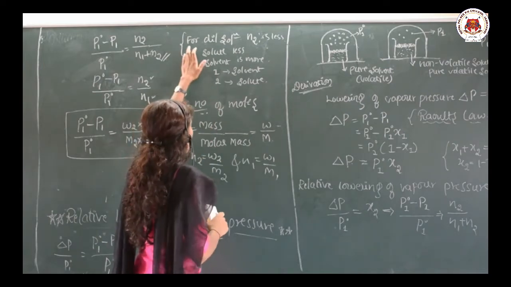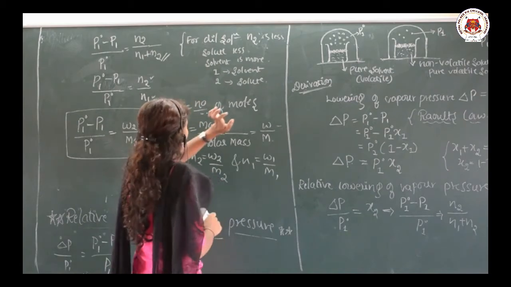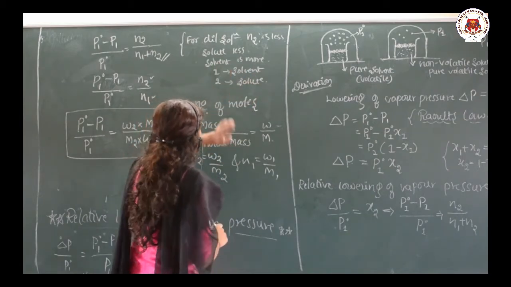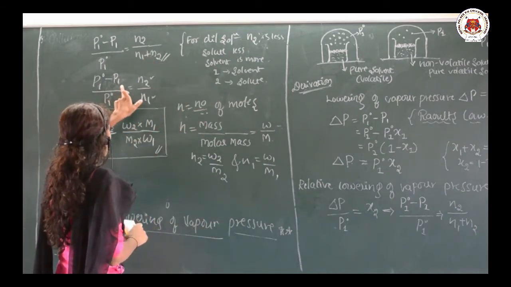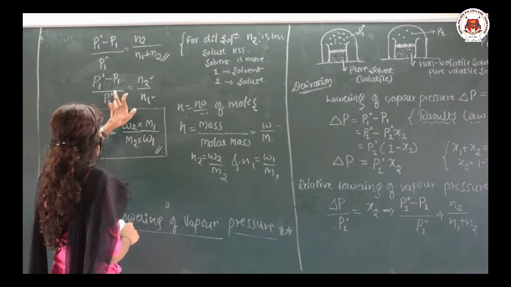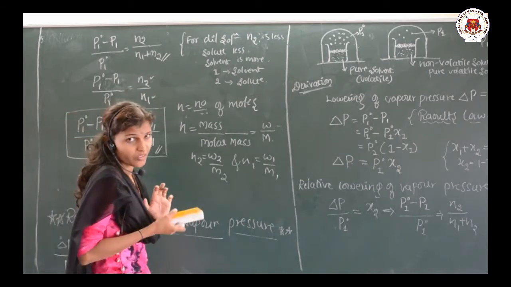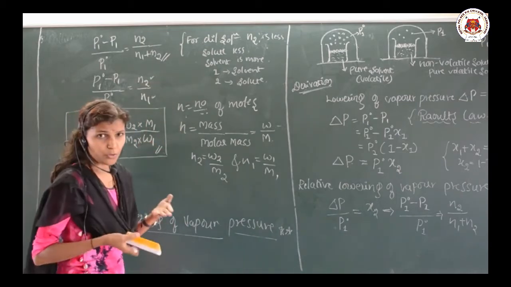For a dilute solution, N2 is very small compared with N1, the solute is less compared with the solvent, so that term is left out. So (P1 naught minus P1) divided by P1 naught is equal to N2 divided by N1, and that term remains.